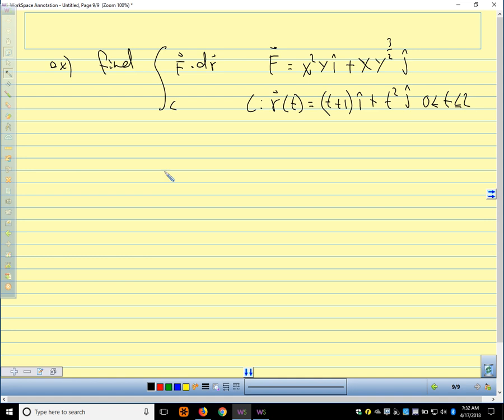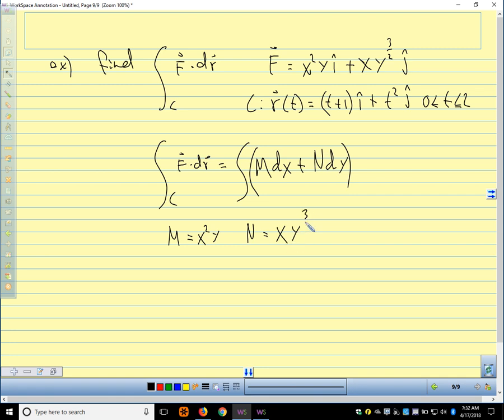Well, I'm going to note that the line integral of f dot dr is a line integral of m dx plus n dy. And here, m is x squared y, and n is x y to the 3 halves.